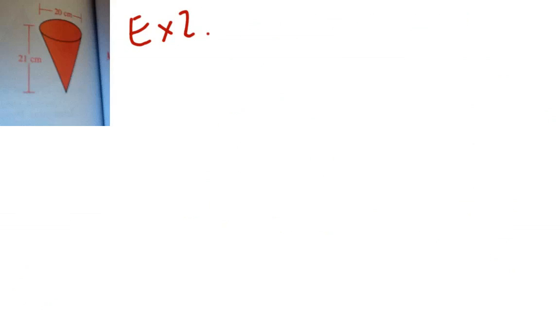Next example is a cone. And again, let's see if I missed any information out of the book. It says 20 centimeters across the top. So your diameter is 20 centimeters. That's pretty clear.